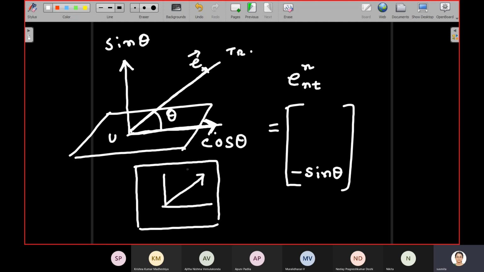This is the cos theta component, and we know that it makes an angle psi with the local north. This is psi. So the north component is cos theta cos psi, and the east component is cos theta sin psi. Okay.